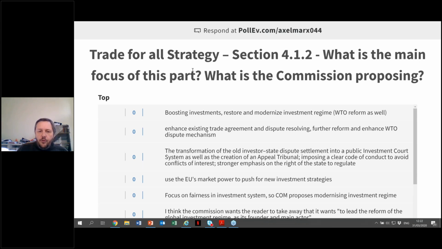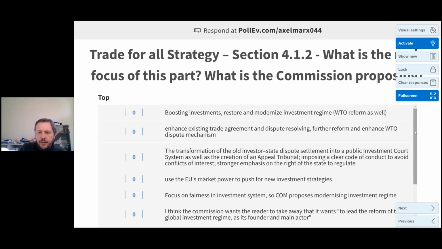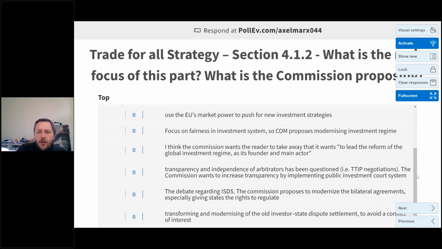An important element there is that the EU should take the lead in this and really use its market power to push for this new investment strategy. So the EU is seeing itself as one of the, let's say, leaders in this respect. And the Commission should take the role in coming up with ideas for modernizing the investment regime.